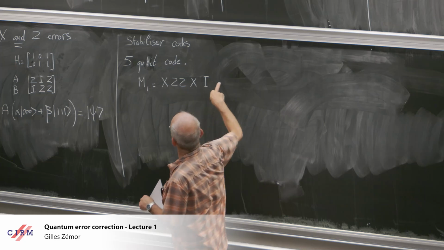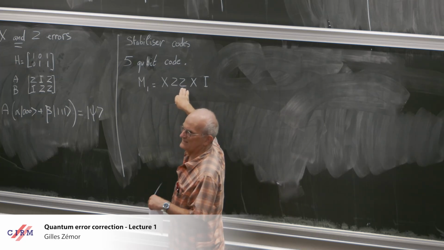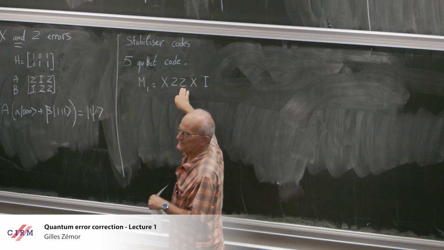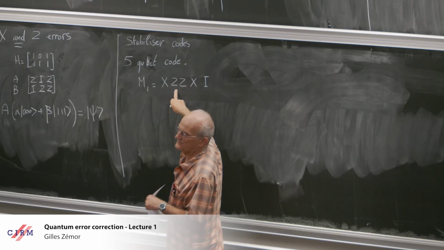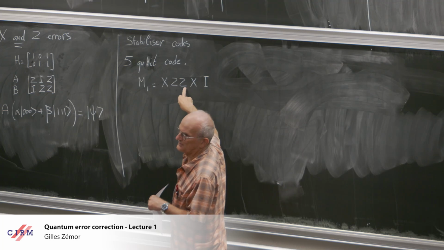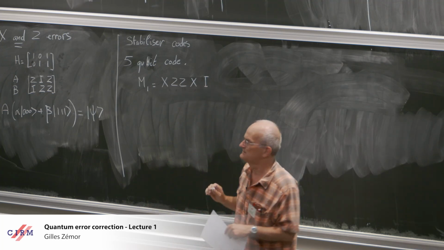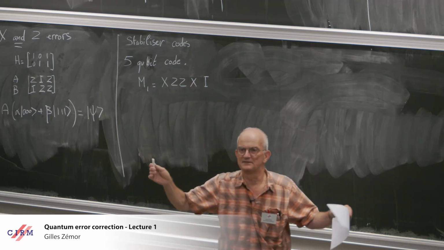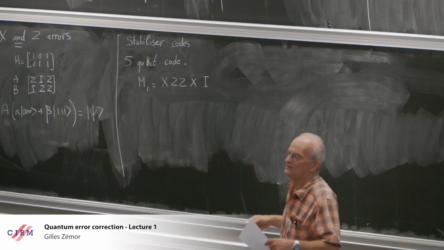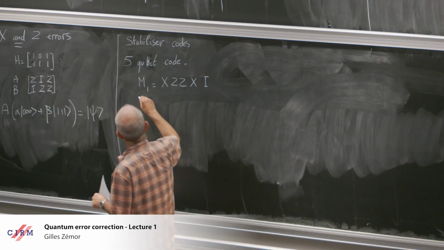These are really tensors. So this is a length 5 Pauli operator. What does it do? It applies an X on the first qubit, a Z on the second qubit, a Z on the third, an X on the fourth, and does nothing on the fifth. Okay? So they're really tensor products here, but I'm not writing the tensor products to make notation lighter.